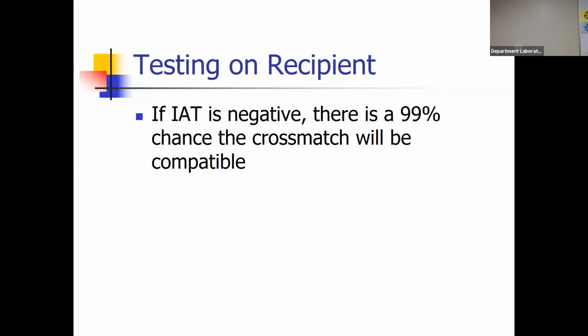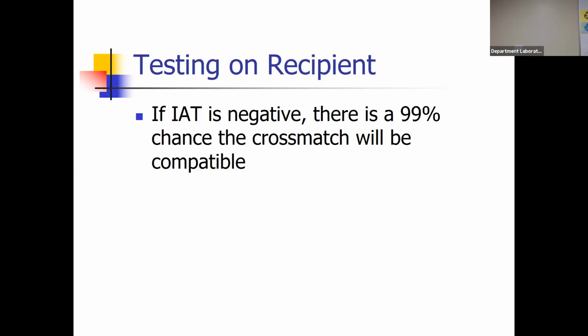Or what's another reason? Anybody remember there's another reason that could cause an incompatible cross match? It's not recipient related. It also will cause a positive weak D test when you have a positive DAT in your donor, right?